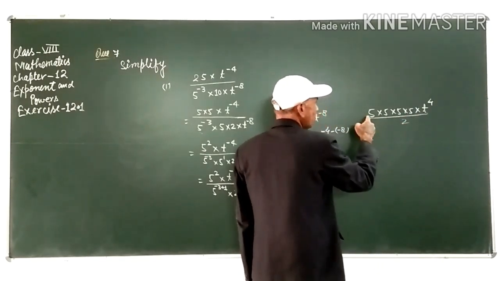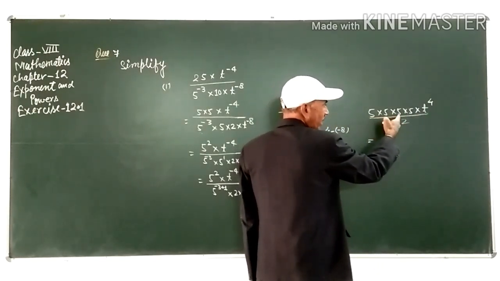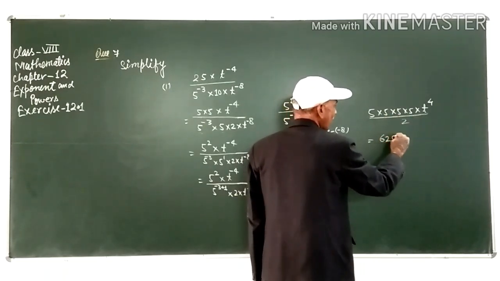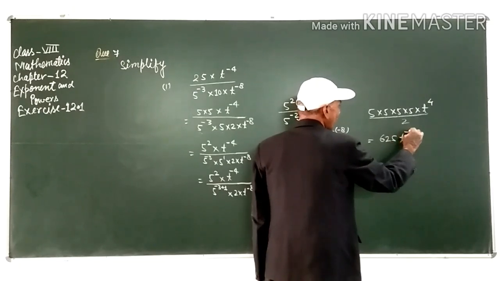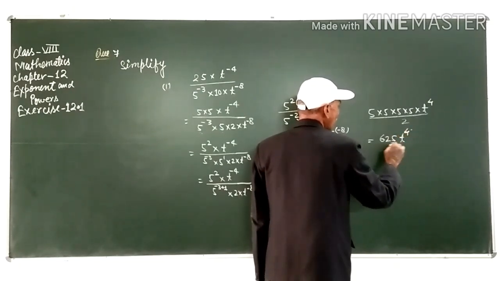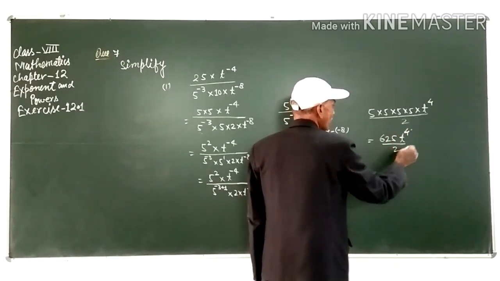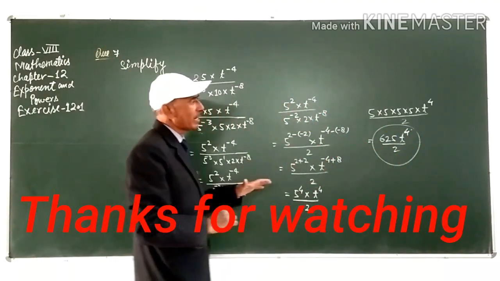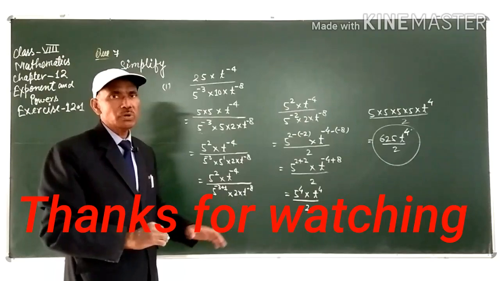So it will be 5 5s are 25, 5 25s are 125, 5 125s are 625, t to the power 4 by 2. So this one is the answer, students. And the second part of this question you have to do yourself.